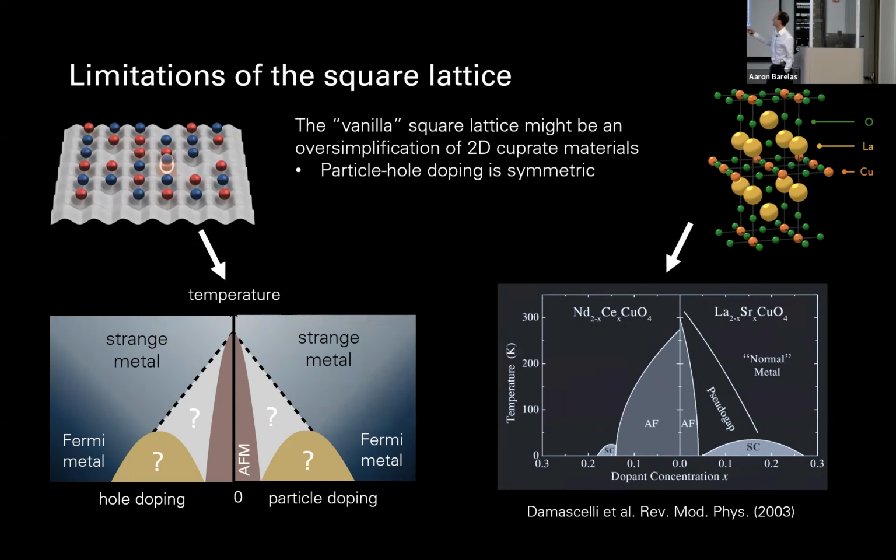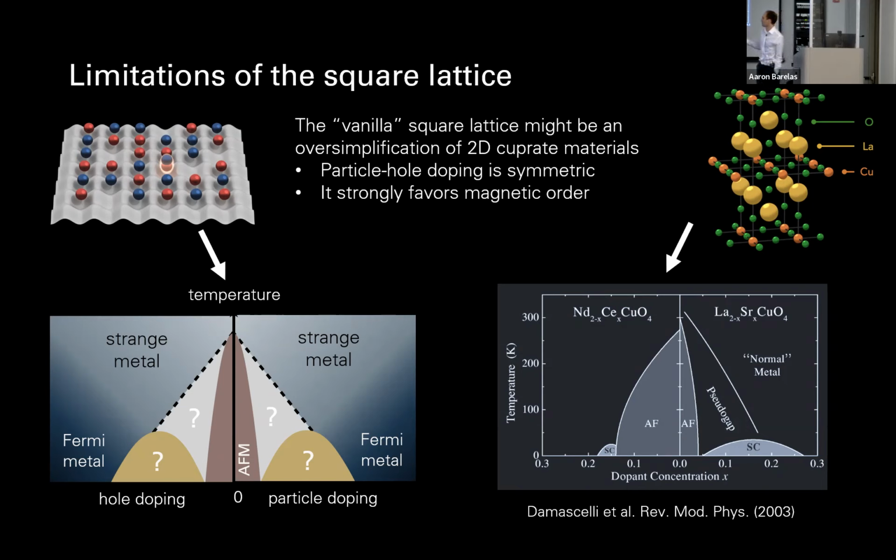The first one is that doping is highly particle-hole asymmetric in real materials, whereas square lattices are actually particle-hole symmetric. And due to that symmetry, it turns out that the vanilla square lattice strongly favors antiferromagnetic order, which is a feature that might again not be reproduced in actual materials.